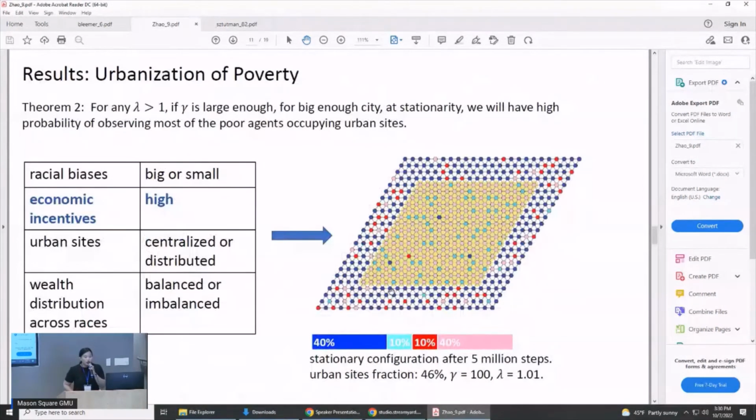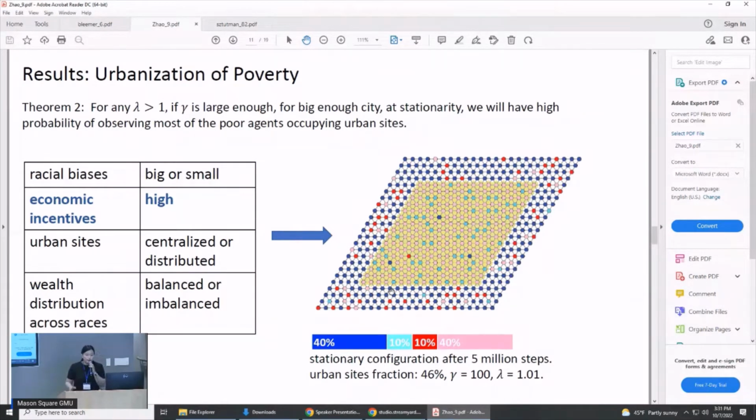So now let me show you our results about different scenarios at stationarity. First, we asked, what if economic incentives are high? And we showed that in this case, no matter whether racial biases are big or small, we would have very high probability of observing most of the poor agents occupying the urban sites at stationarity for big enough cities.